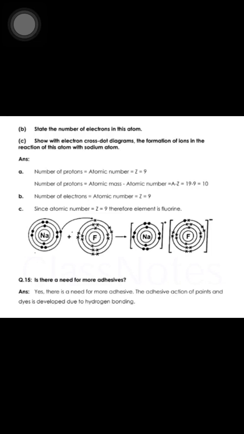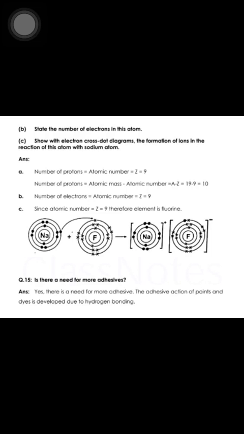So the first thing is we know atomic number is equal to number of protons, whereas the number of neutrons is the mass number minus atomic number. So that means the number of neutrons is 10, the number of protons is 9, and the number of electrons is 9, as atomic number is equal to number of protons and number of protons is equal to number of electrons.